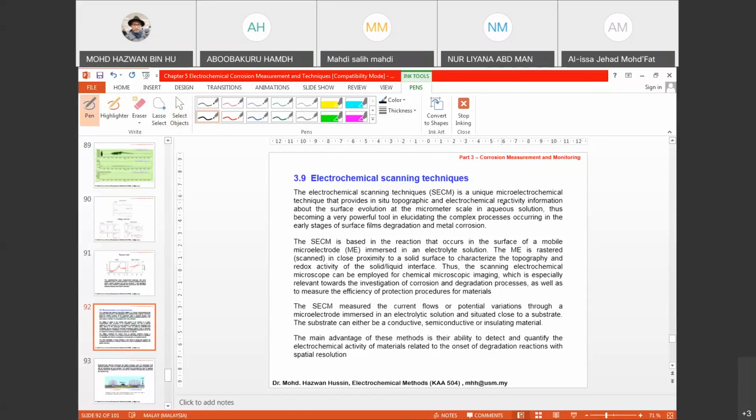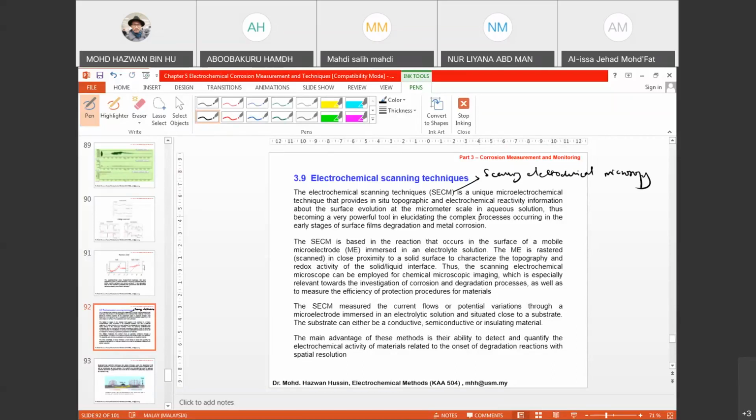Not SEM, which is scanning electron microscopy. So this one is SECM, scanning electrochemical microscope. Okay.